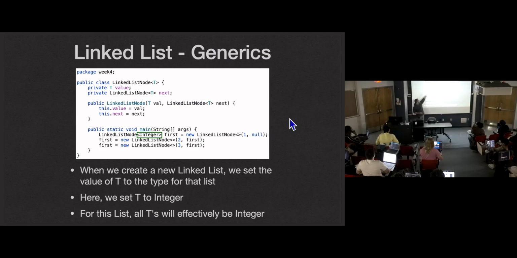Don't change T. That is a variable name, which means if you change T to rating, rating's still a valid variable name, so it looks like you have a linked list of ratings, but no, you have a linked list of a generic type, and you happen to name your generic type, that variable, rating, which has zero effect on your program. You do not have a linked list of ratings at that point. So don't make that mistake. It's an easy mistake to make, to be honest.